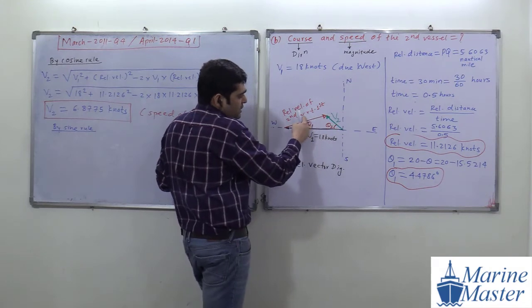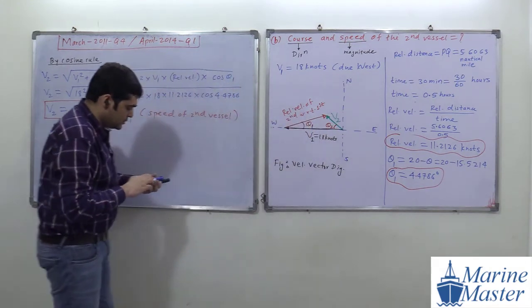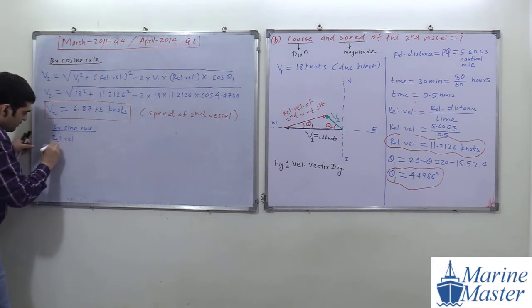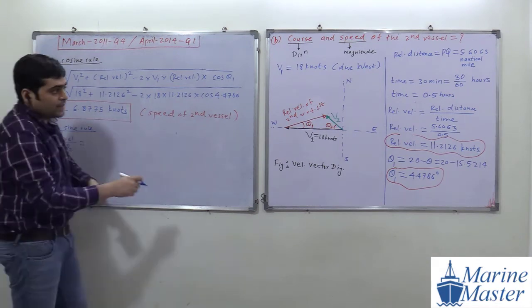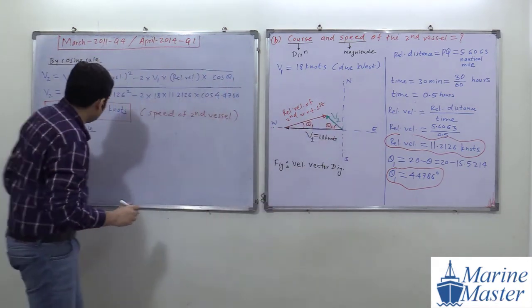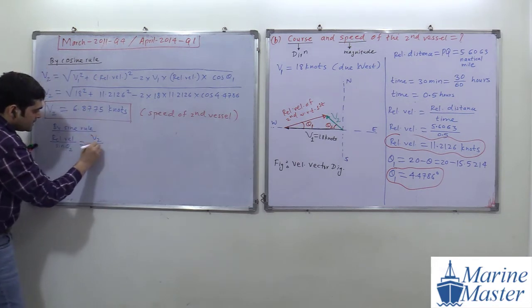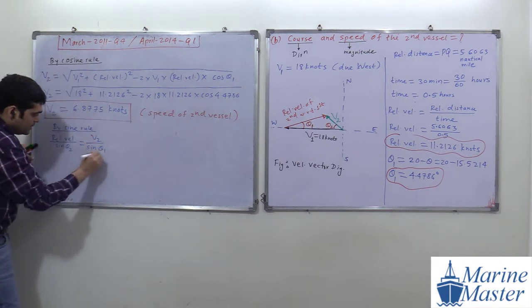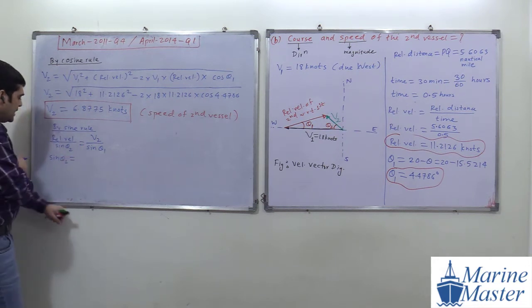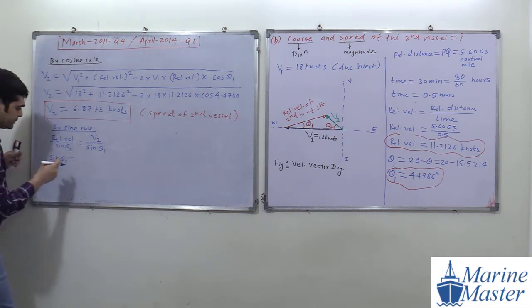Opposite of θ2 is the relative velocity, so relative velocity divided by sine of θ2, and opposite of θ1 is V2, so V2 by sine of θ1. Everyone getting my point? So what will sine of θ2 be equal to?